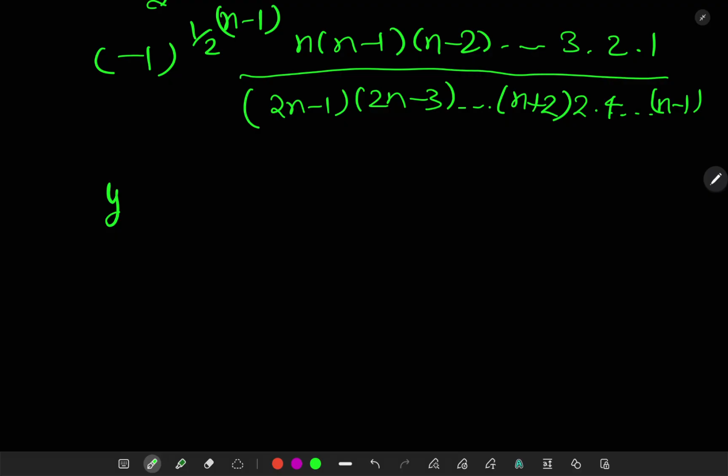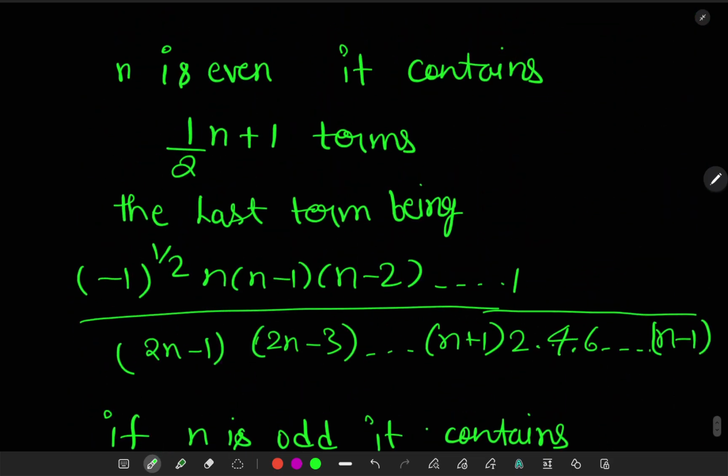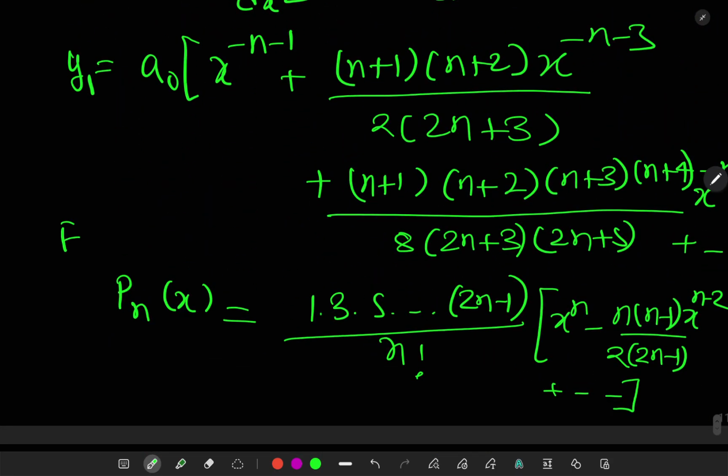Now another solution is the Legendre function of the second kind, denoted by Qn of x. This is the second kind, and this is the first kind.